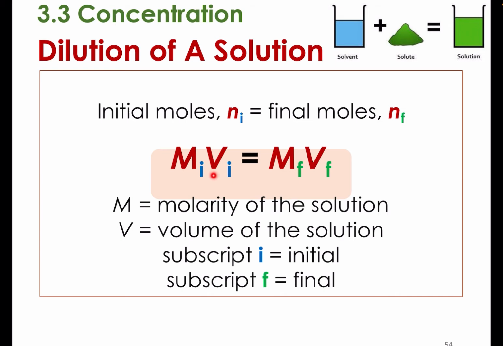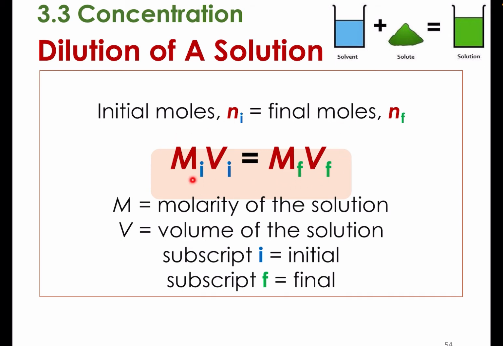However, when we do the dilution, there are two situations: the situation before dilution and the situation after the dilution. So biasanya for solution before dilution kita akan gunakan simbol initial, I, ataupun 1. And untuk the situation after the dilution, kita akan gunakan simbol F, final, ataupun 2. So sometimes you will see another formula for dilution, M1V1 equals M2V2, instead of like this.